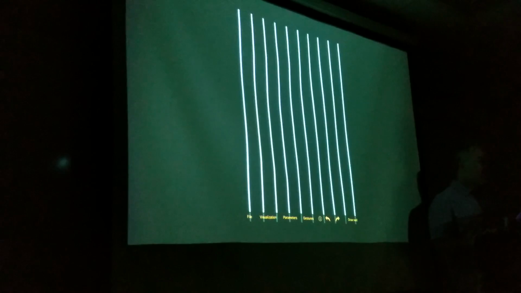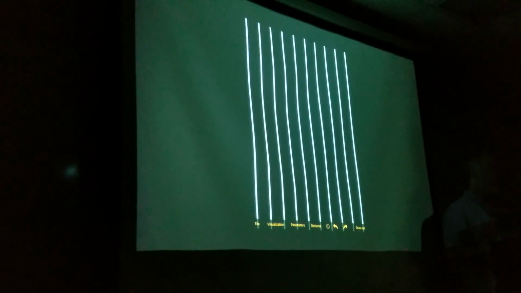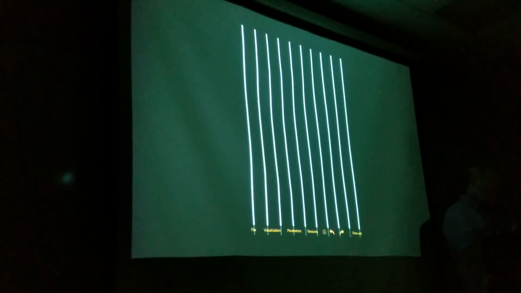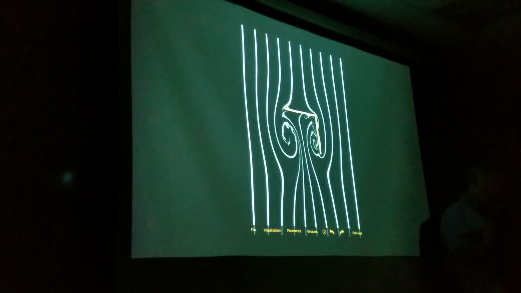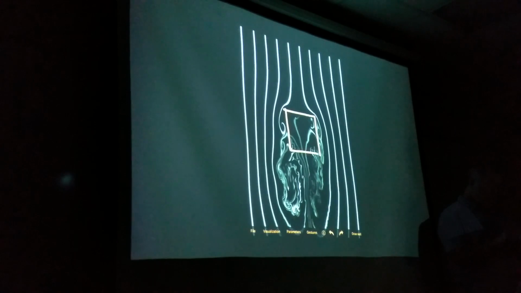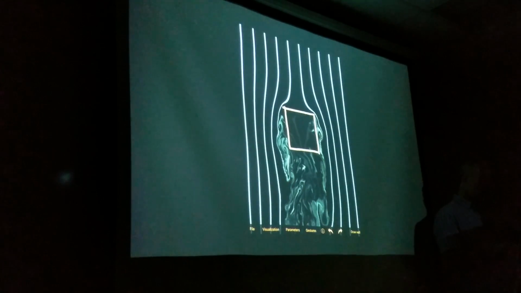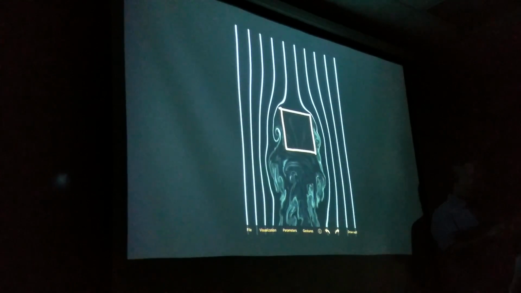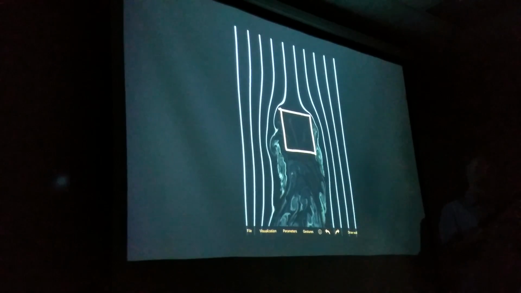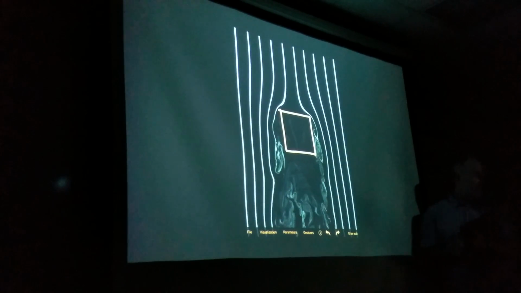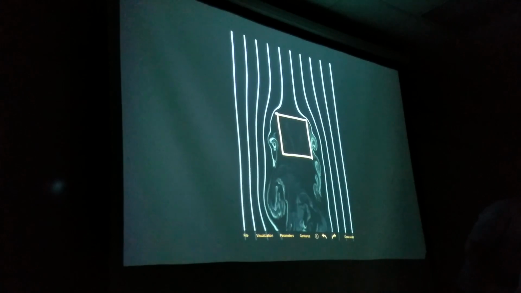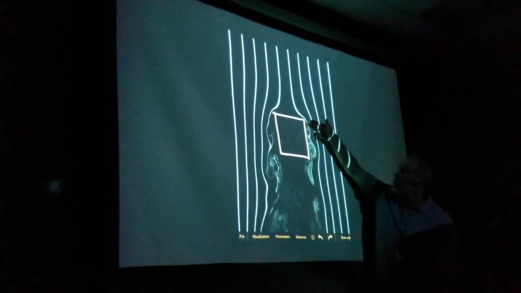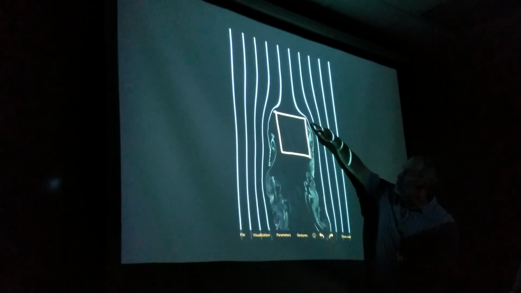What I want to show you is different types of flow. So this first one is going to be, so as the fluid goes around, now you'll notice that the particles, the flow close to the corners there, they certainly don't stay together.